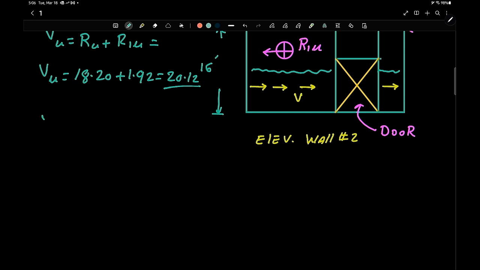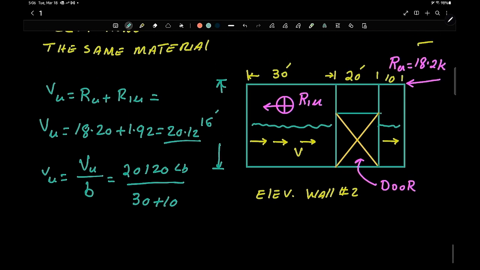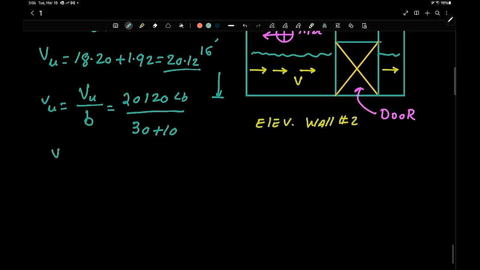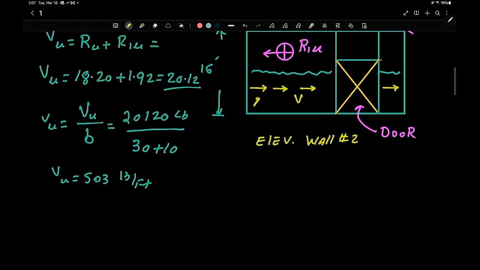Then our small v_U is equal to V_U divided by B, which in this case is 2012 pounds divided by 30 plus 10. We're going to skip the doorway. So we're going to go 30 right here and 10 right here, and skip the doorway. So our small v_U is equal to 503 pound per foot, and that's basically the yellow one right here. This is what we're talking about right here.